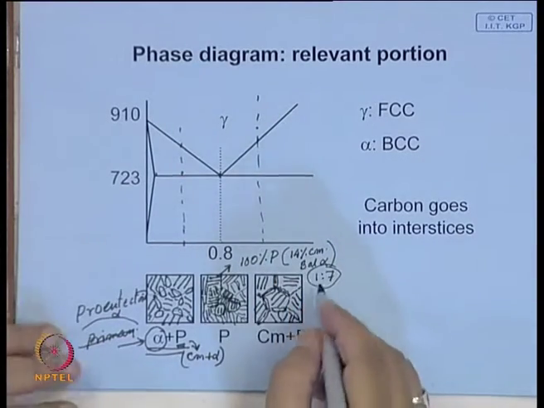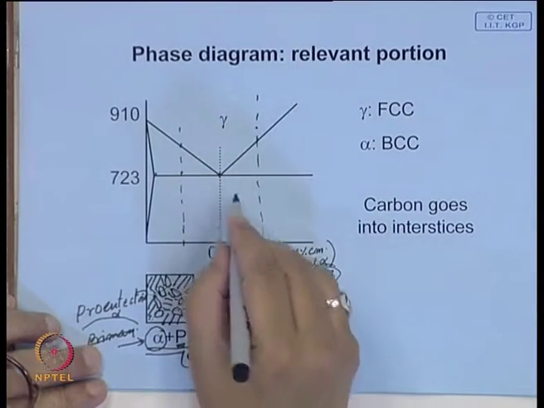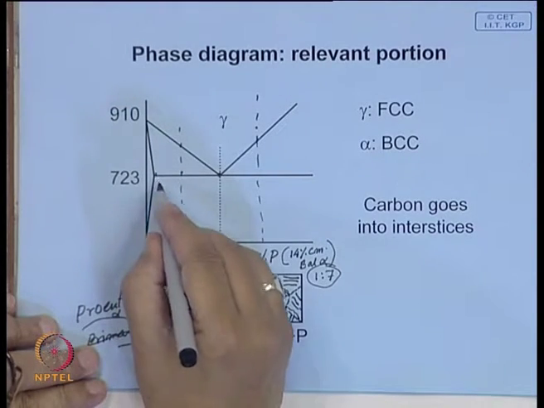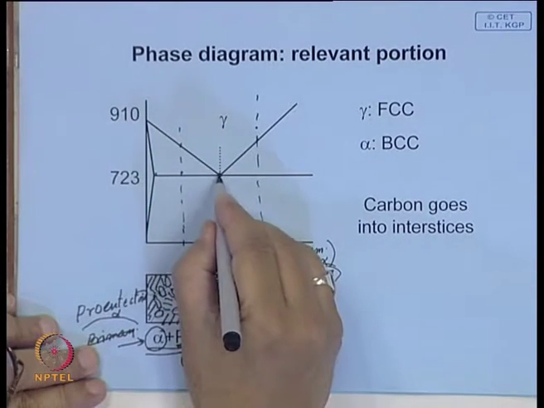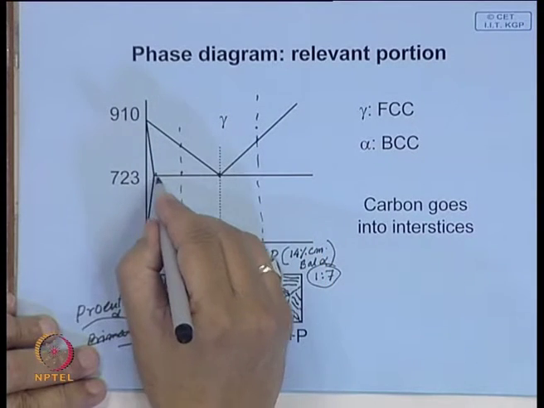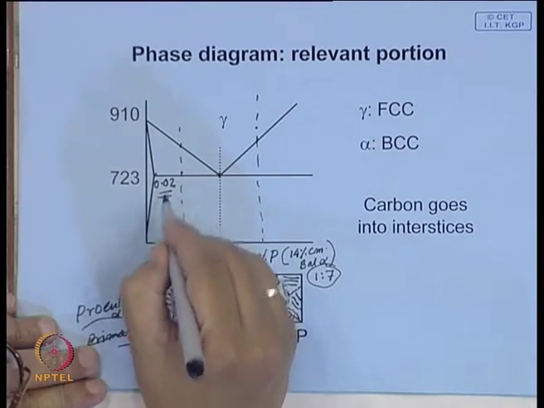But the interesting thing which you will find in hypereutectoid steel, because of the composition, is that the amount of ferrite increases from, let us say, 0% over here to around 100% close to 0.02 carbon.